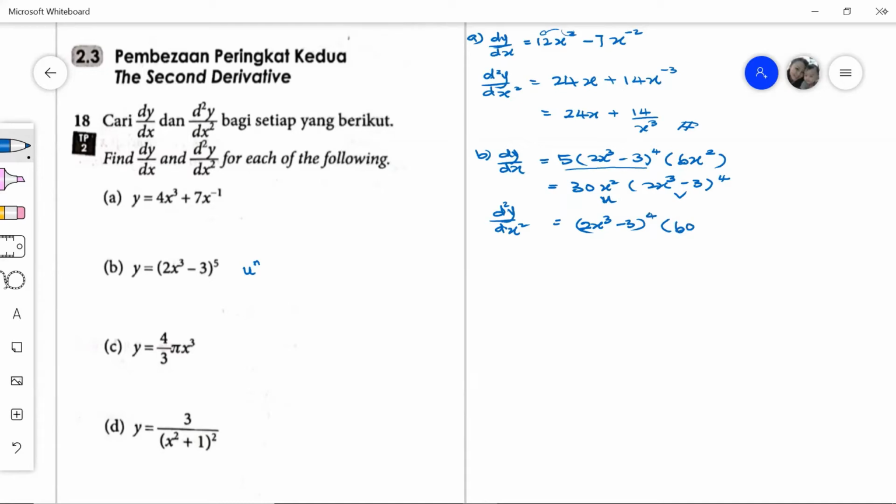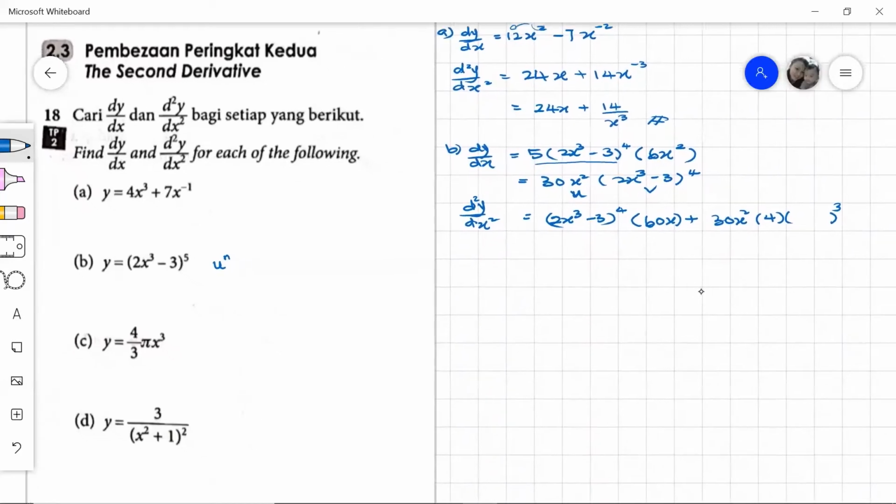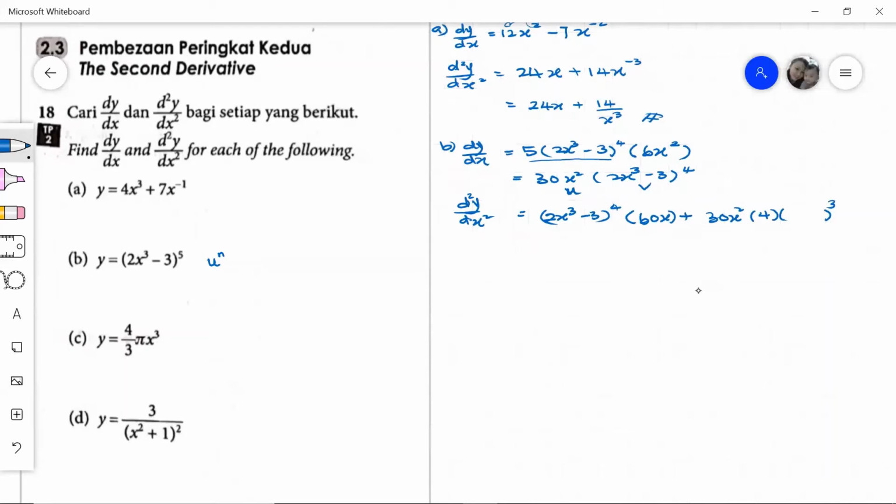So we have 60x plus stay u, differentiate the v, so bring down the power 4, reduce the power by 1, and then continue to differentiate the inside. So we will have 6x squared, that's the inside.